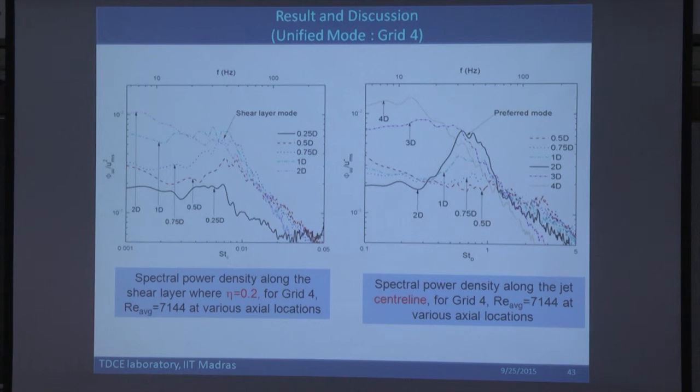They did not have different frequencies like what we said before, where shear mode has a separate frequency and preferred mode had a separate frequency. But in this case of grid 4, you had preferred mode with one frequency and shear mode with one. When you convert in terms of diameter and theta, in terms of frequency, both were actually having the same frequency, meaning that the preferred mode is very dominant, but the shear mode is very weak.